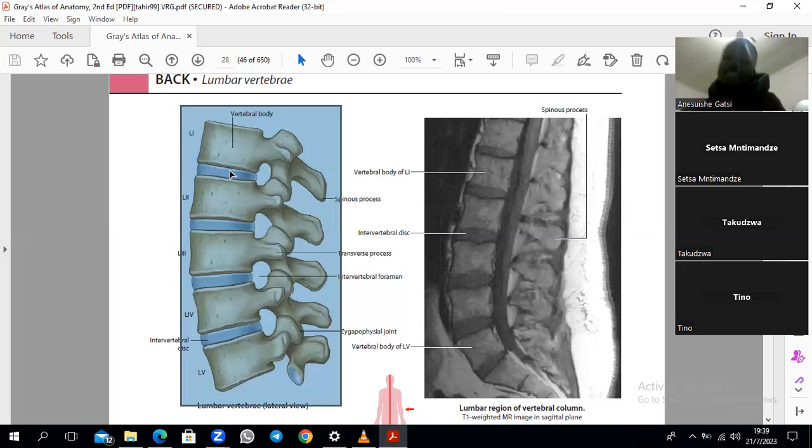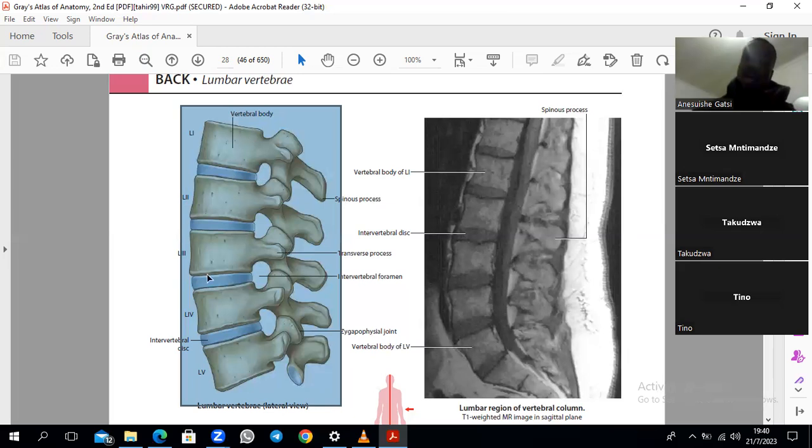Then for cervical vertebra, I told you that they have a bifid spinous process, though not all of them. Then we also said that they have a foramen within their transverse process, right?